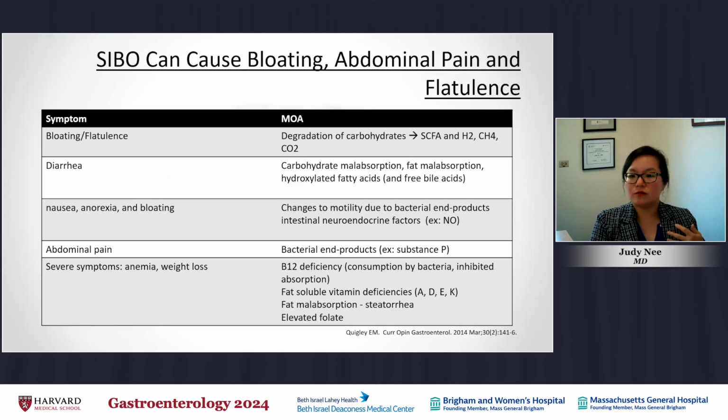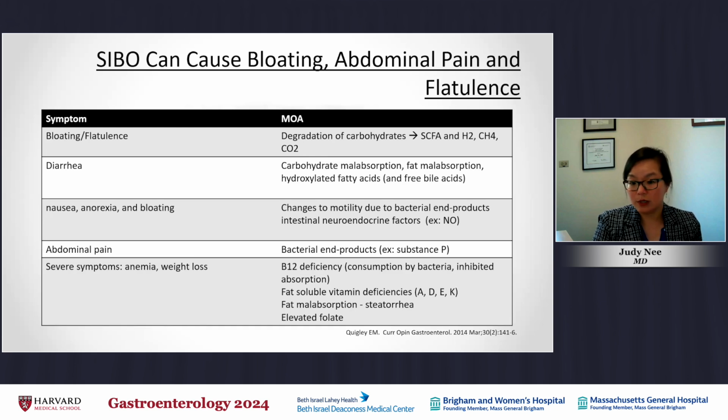Bloating can occur because of degradation of carbohydrates, specifically short-chain fatty acids, and hydrogen, methane, and CO2 are created, leading to that bloating and gas. Diarrhea can develop because of carbohydrate malabsorption, fat malabsorption, hydroxylated fatty acids, and free bile acids. You can develop nausea, anorexia, bloating because of changes in motility due to these bacterial end products like nitric oxide.